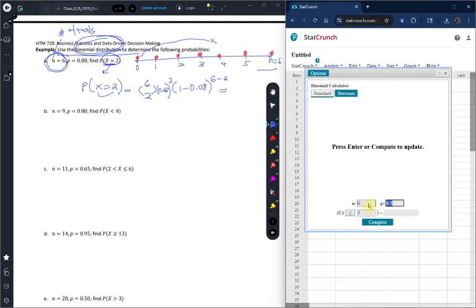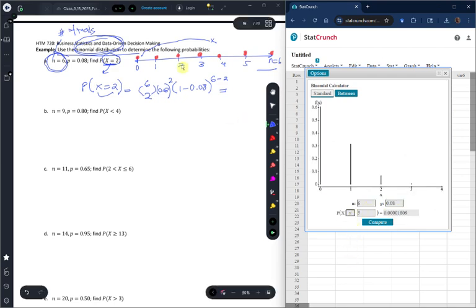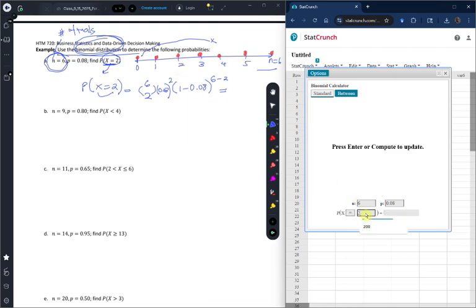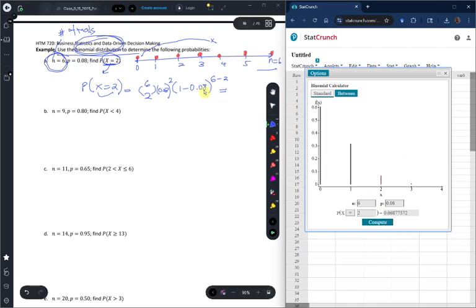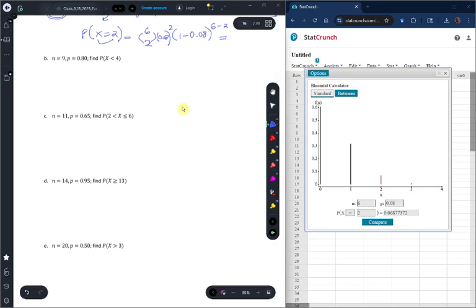The probability of success is 0.08. And I would like to find the probability at the point 2. So let me say at the point 2, and I can compute that. That will give me the value of this computation, which is 0.0688. Done.